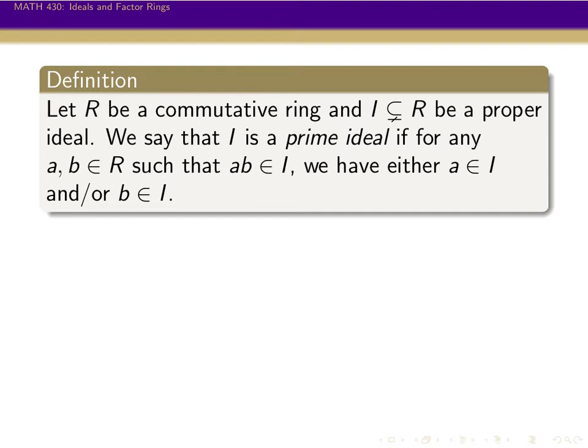So if we're given a commutative ring R, in fact, for the rest of this we're only going to be thinking about commutative rings, we want our I to be a proper ideal, so it is not equal to the entire ring. Then we're going to say that it is a prime ideal if any time that we have two elements in the ring, and when you multiply them together you end up inside of I, then one of them had to be inside of I to begin with, right?